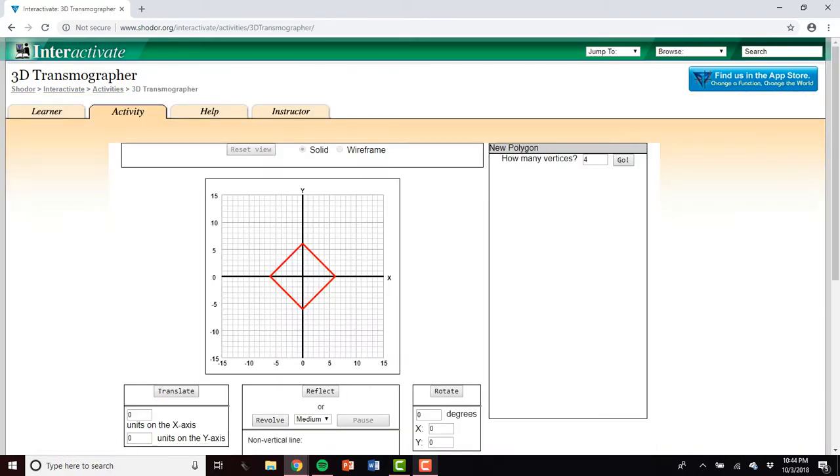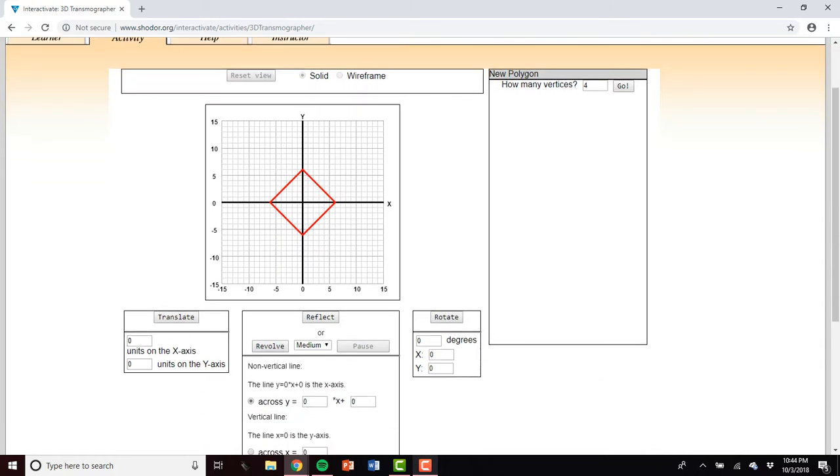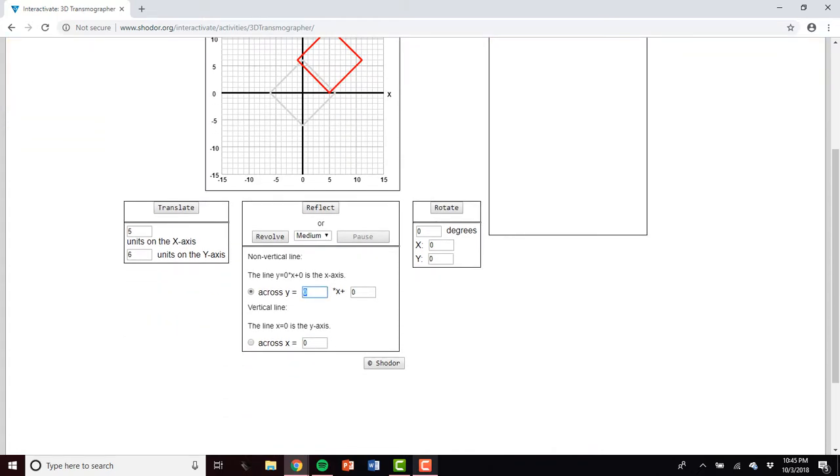And this is basically what you do with the calculator, which is translating this right here. So just mess around with numbers, 5 and 6 over here. I put 5 units on the x-axis and 6 units on the y-axis for it to translate. And translate over here. So we'll then mess with this.